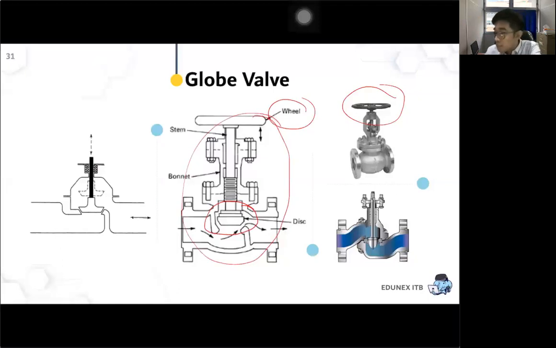So when the disc is moved all the way down, the valve will be closed. If it's moved up, then some space opens inside this chamber, so the liquid or the gas can flow. When it's all moved up, then it's 100% open. Okay, like this.